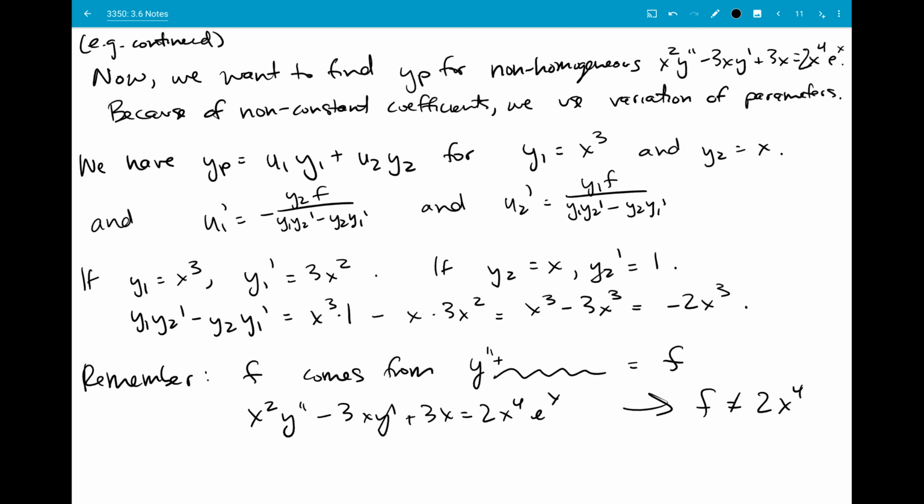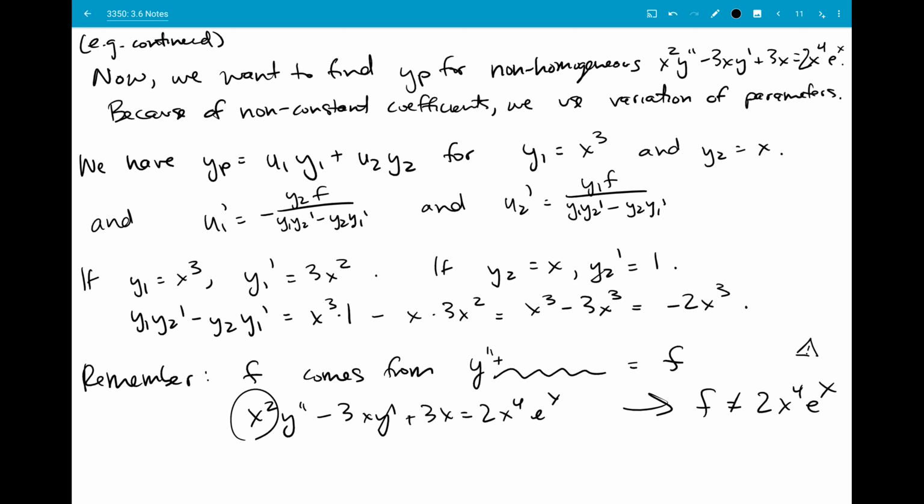And f is not 2x to the fourth e to the x. There's going to be a temptation to do that. This type of problem is really long, and you'll forget when you get to this point that format doesn't work. But it's very important, so I'm going to put a little exclamation mark that says, please don't do that.